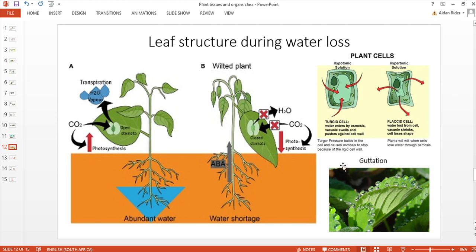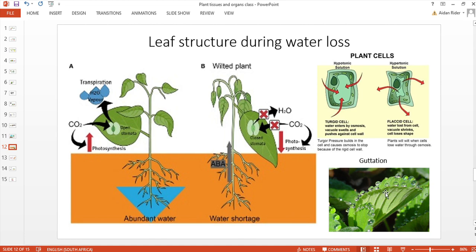Then guttation can happen. This is actually the force of the water, as I mentioned, the water chain inside the plant. There is so much water at the bottom, and it keeps being absorbed by the roots, but it's not being evaporated. So in some openings on the side of the leaves, the water is pushed outside, and we can see that as water droplets.